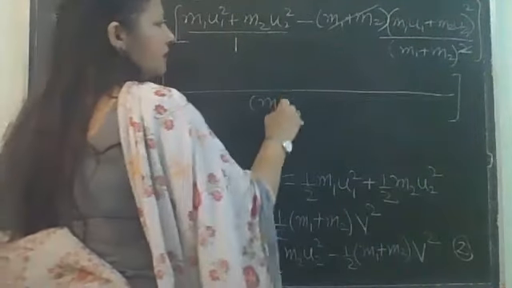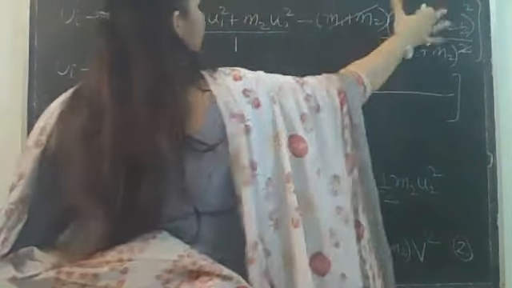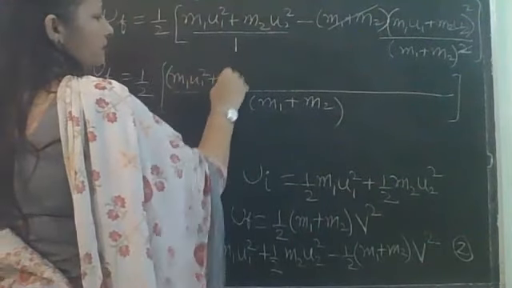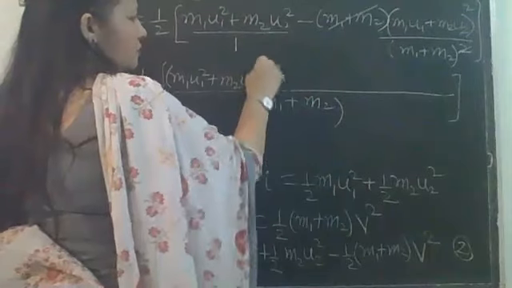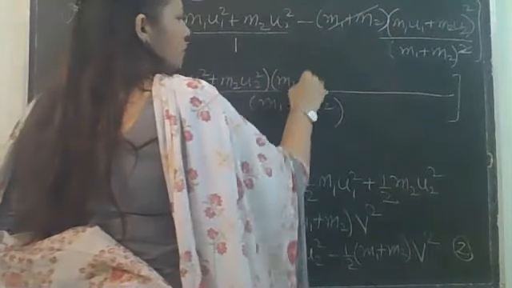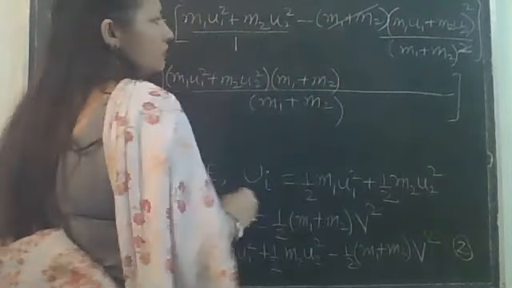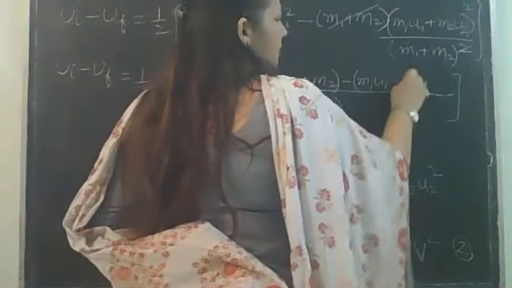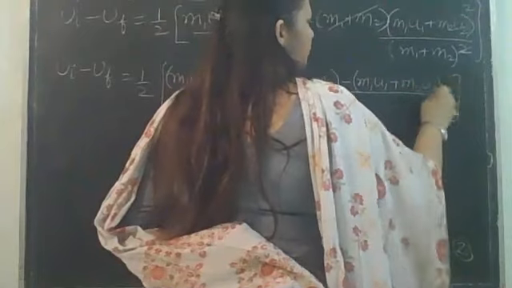In the denominator we will have m1 plus m2. Then take the LCM, this multiplied by this minus this multiplied by this. So m1 u1 square plus m2 u2 square into m1 plus m2 minus m1 u1 plus m2 u2 whole square.